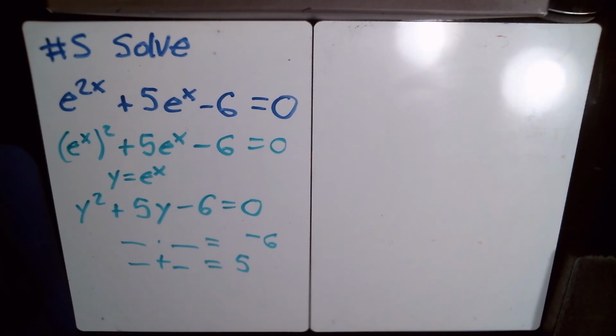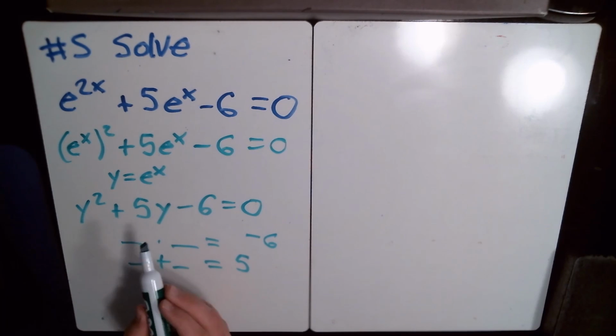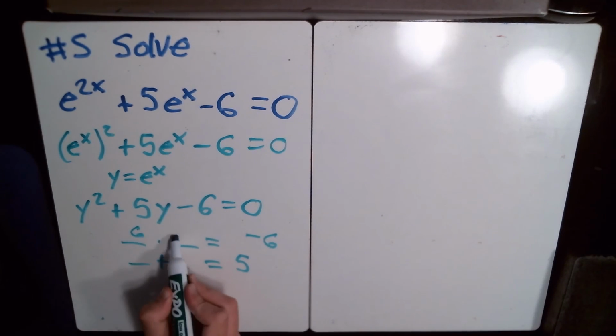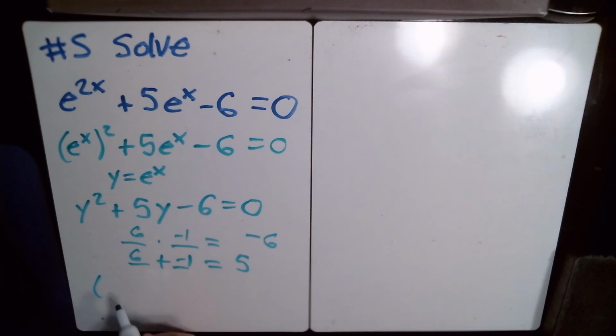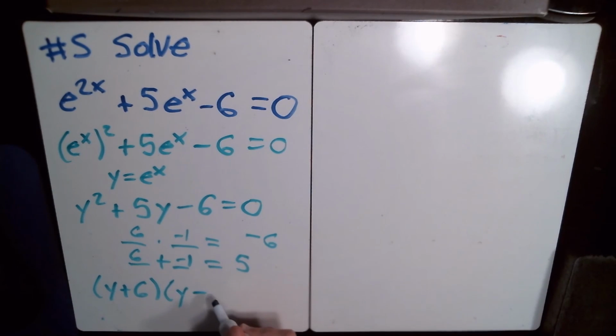I think it'll be 6 and negative 1. That will do it. Okay, so this will factor as y plus 6 times y minus 1, and we want that to equal 0.